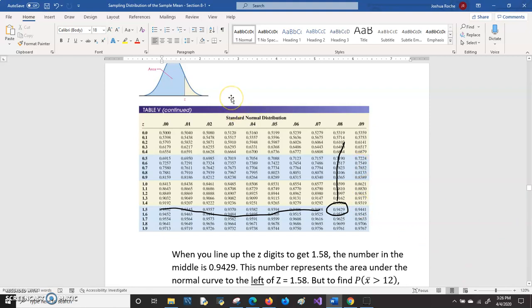But again, like before, remember that 0.9429 represents the area to the left, and we're trying to find the area on the right side, so we'll have to do the complement. And that's going to be 0.0571.